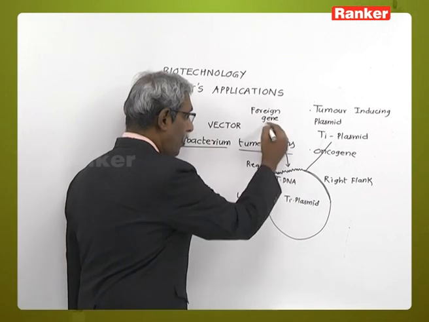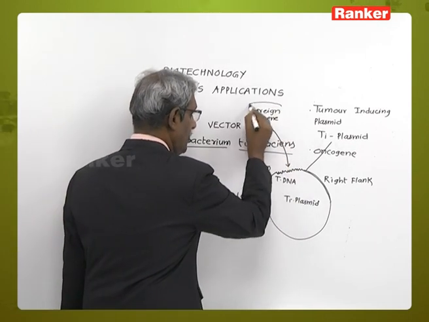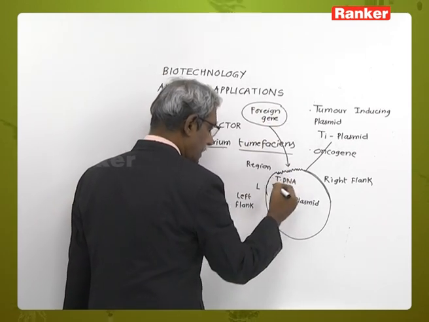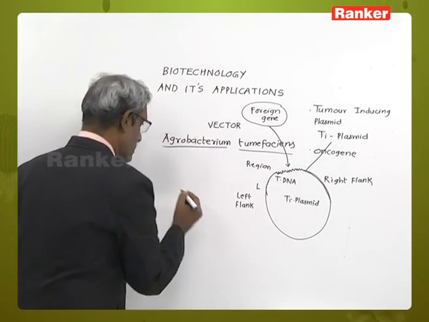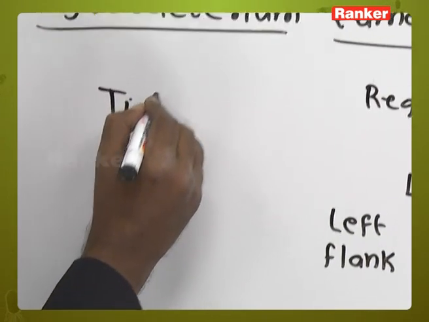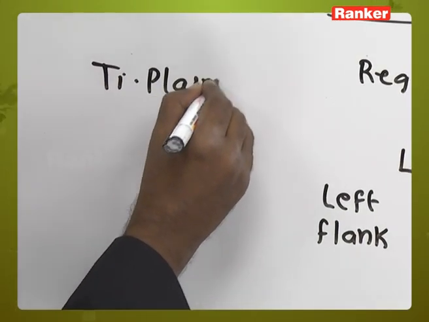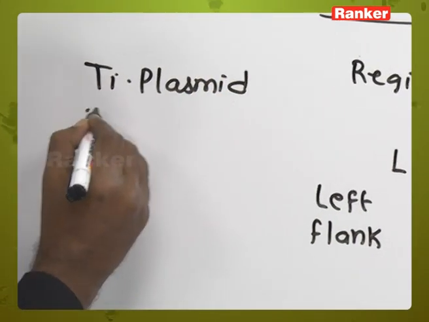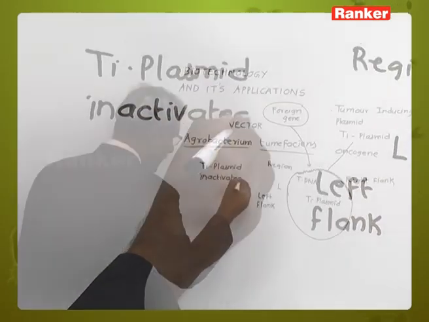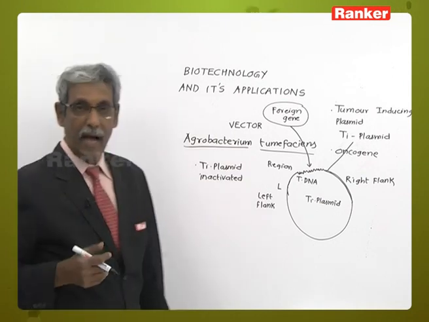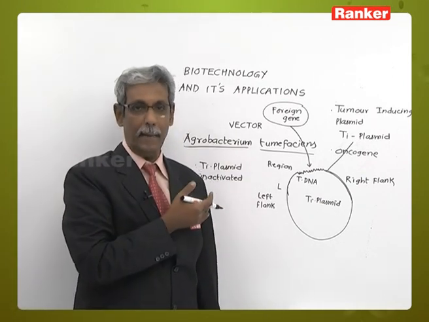So, when you have a foreign gene inserted in the T-DNA region between the right and the left flank, the Ti plasmid gets inactivated. Your foreign gene acts like an off button for the Ti plasmid.